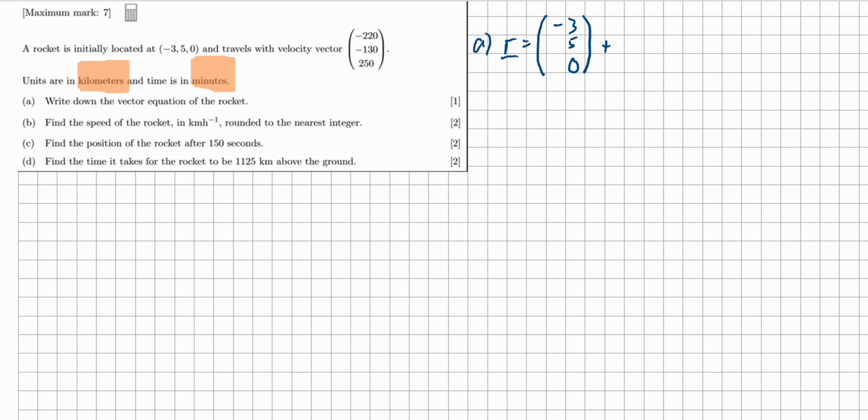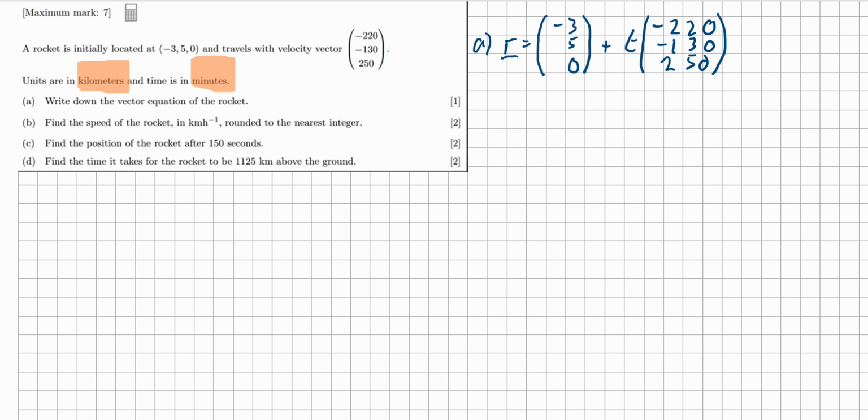Plus t, and then the velocity vector. Like I said before, it's either a velocity or a displacement vector. 220, minus 130, and then 250. Okay, so I did the same sort of 0. Why did I do that? Never mind. Anyway, move on with your life.